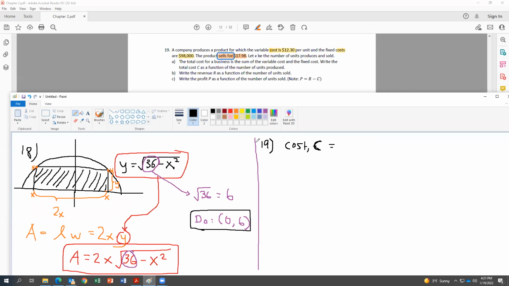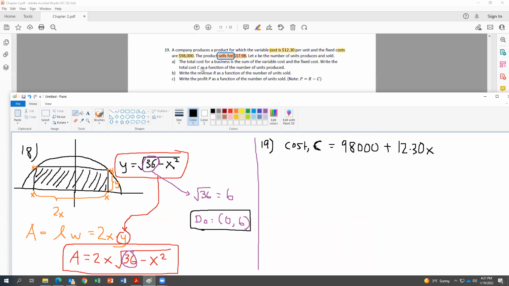How do we write that? The fixed cost is only one time, so it's 98,000 plus the cost per unit, which is 12.30x. Here x is the number of units.